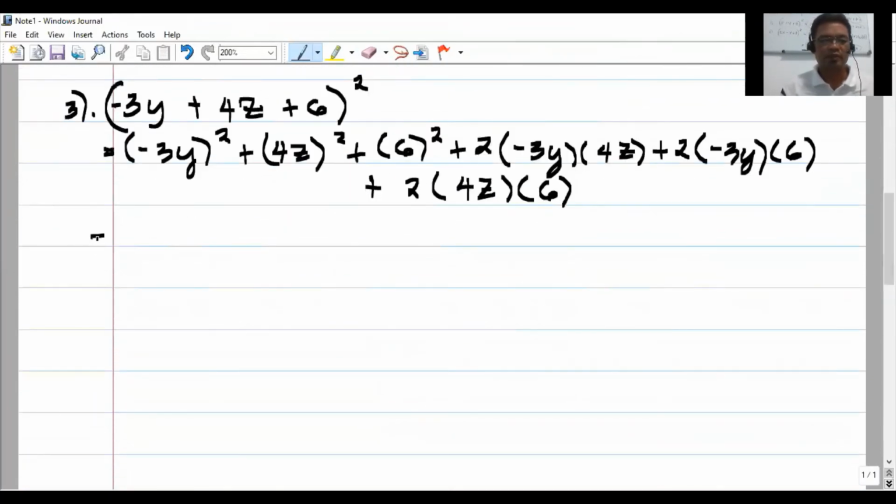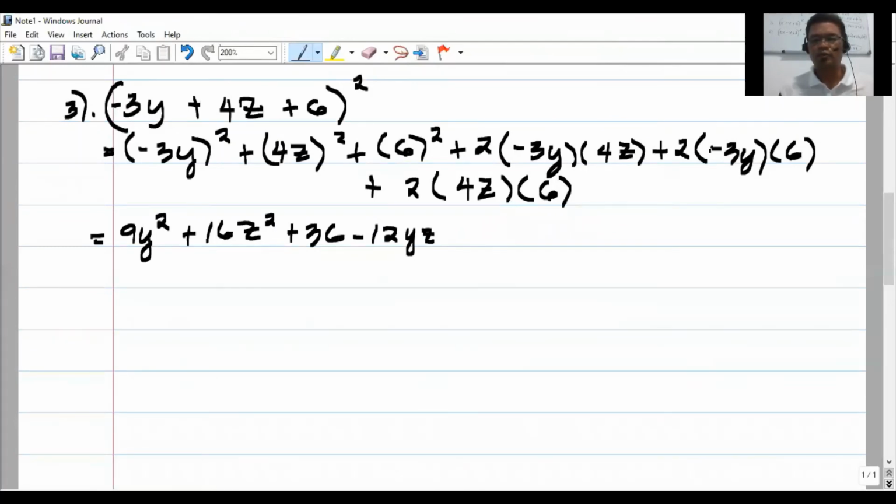We have now square of negative 3y is positive 9y squared. Square of 4z is 16z squared. Square of 6 is 36. 2 times negative 3y times 4z is negative 24yz.